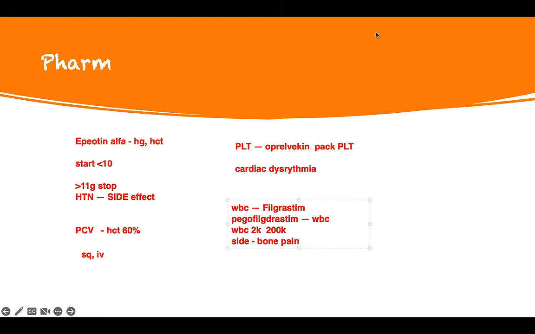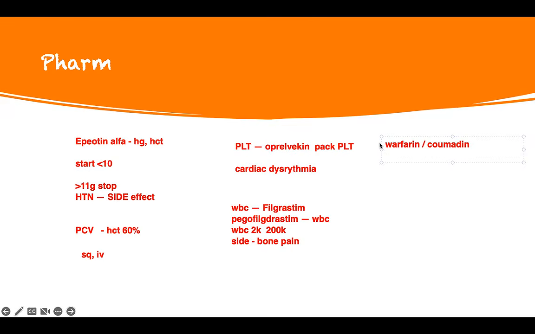Okay, and then the other ones, you guys already know them. We're going to go over them briefly. I think we've done them multiple times. It's warfarin. These are part of cardiology, but at the same time it's hematology. It's anticoagulation.